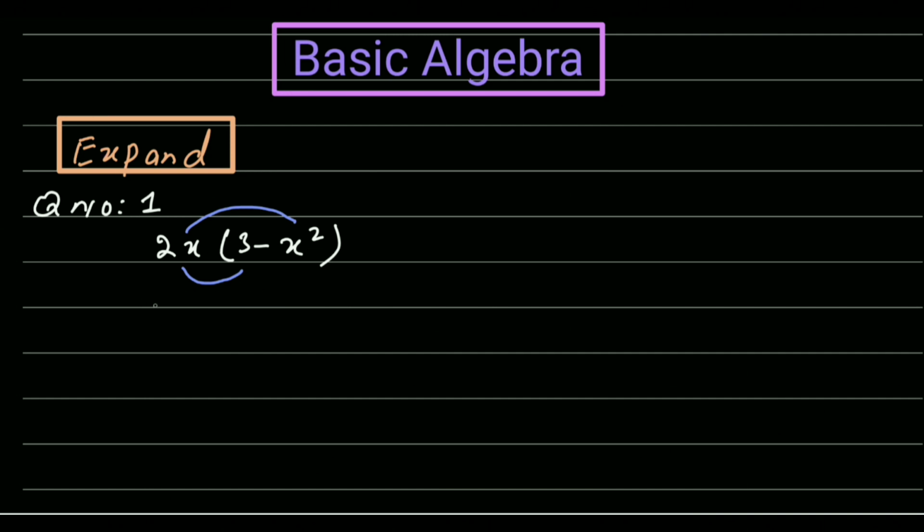2x multiplied with 3 gives 6x. The sign is minus, so we write a minus sign. Then 2x is multiplied with x squared, so we use the rule of indices: x and x squared have the same base, so we add the powers.